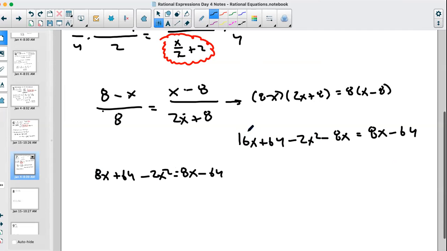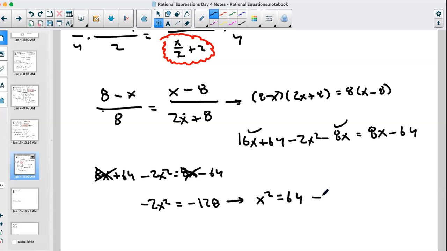I just combined these two like terms. And now the 8x, if I subtract 8x from both sides, those go away. So I get negative 2x squared equals negative 128, which means x squared equals 64, which means x is plus or minus 8.